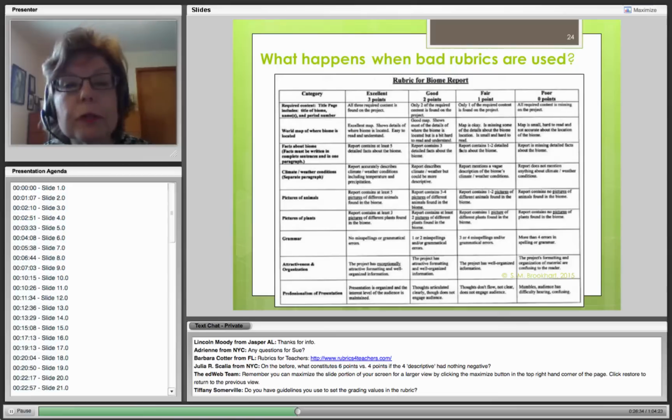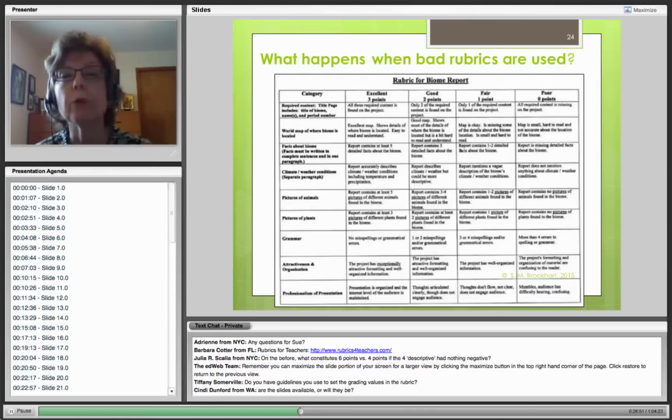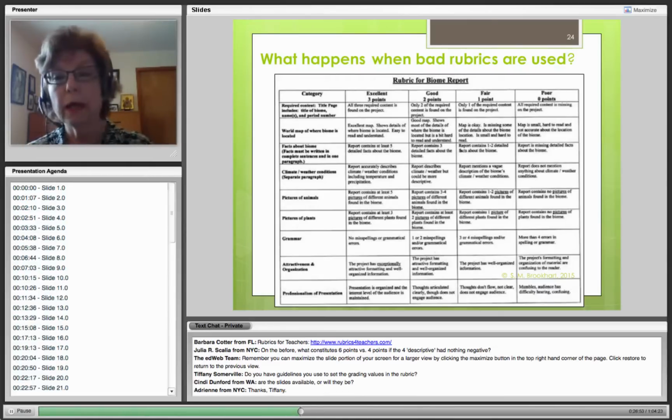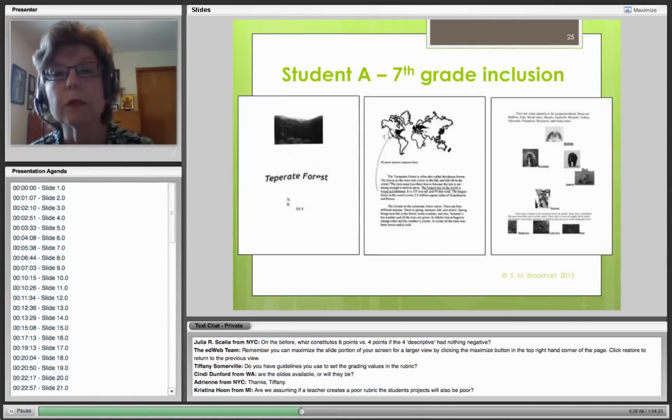How many pictures they had, how many pictures of animals, how many pictures of plants, what their grammar was like, all of these things. And so here I have the sad story. This will convince you, if my talking head won't, that this don't count things and don't put directions in the rubrics is because it harms students.